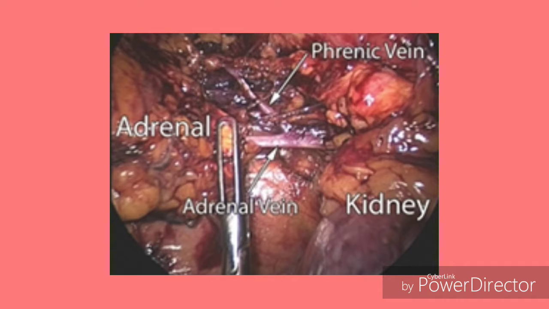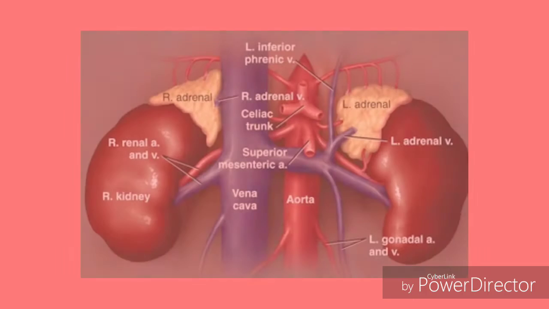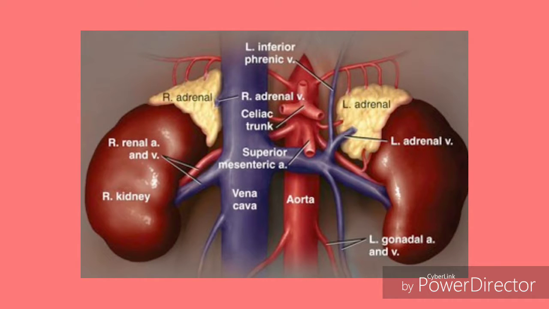The retroperitoneum is now opened using a scalpel or a bovie along the superior edge of the adrenal gland and continued down the lateral edge of the inferior vena cava. The adrenal vein is dissected and clipped before dividing.